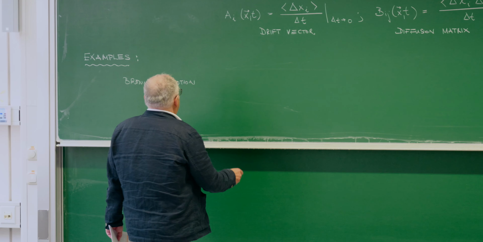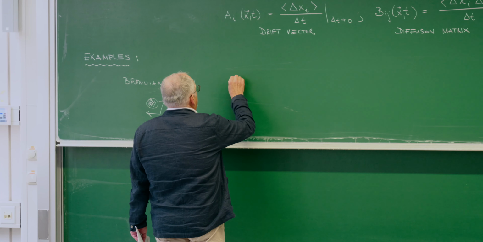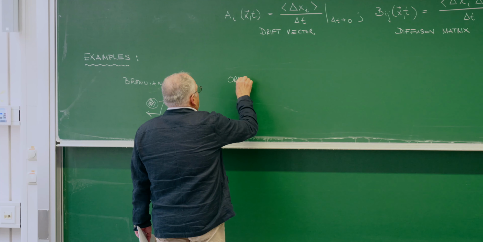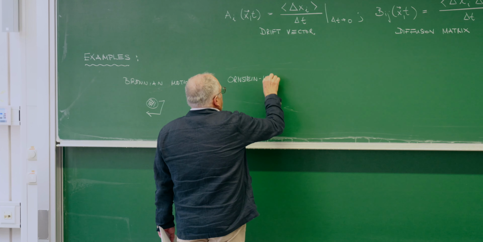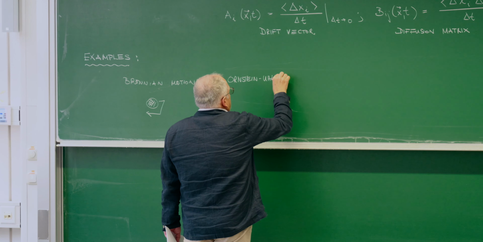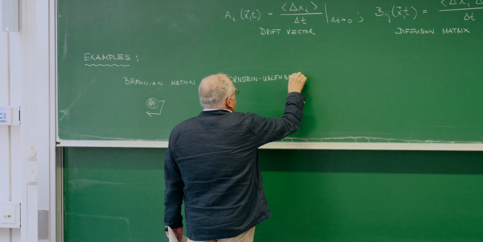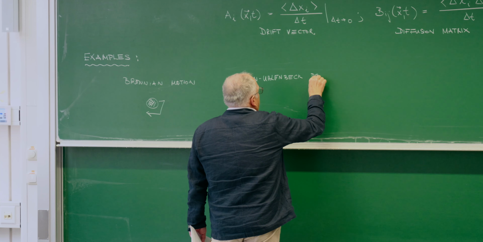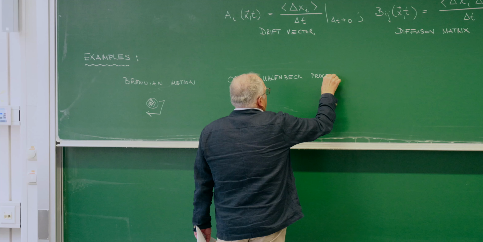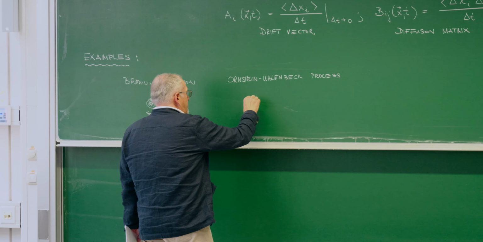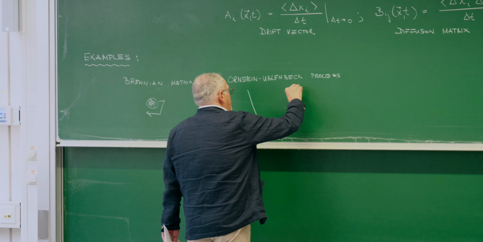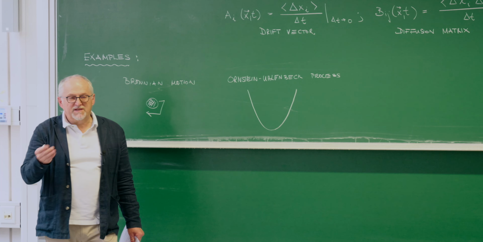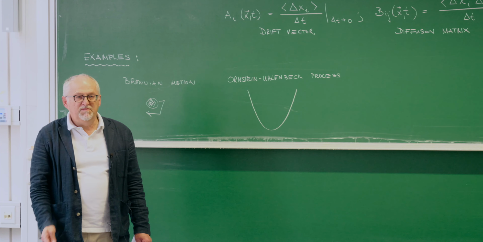The next example will be what's called the Ornstein-Uhlenbeck process. What I mean by that is very simple. You put a harmonic potential. You can realize this by a laser beam.